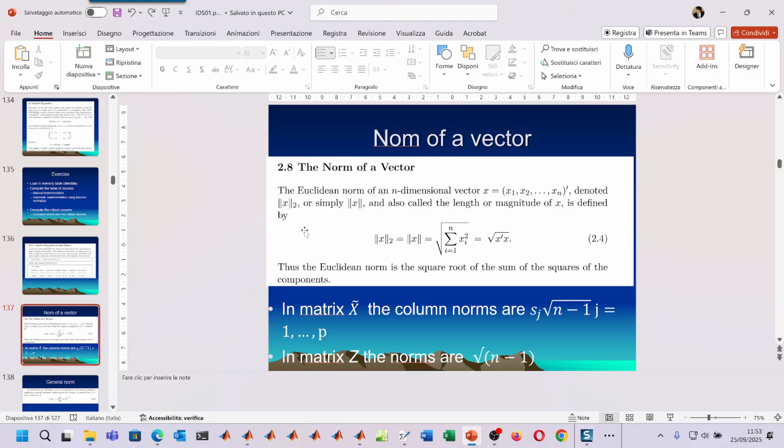This is the Euclidean norm. And you understand this notation, x prime x. Can you see that x prime x is the sum of squares? Because x is a column vector, so row x prime times column x is the sum of squares of the elements, right?